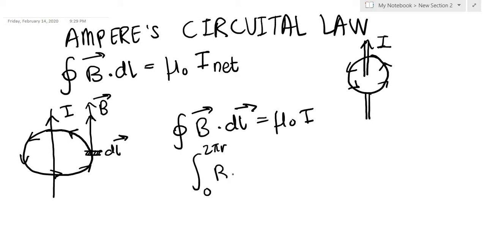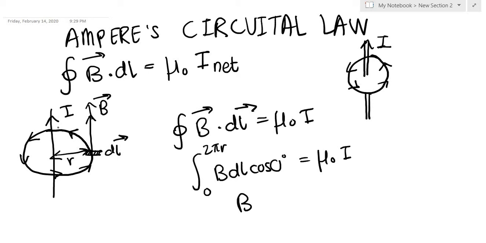The dot product is basically B dl cos of the angle between them. The angle between them is 0 degrees, is equal to mu naught I. Cos 0 is 1.